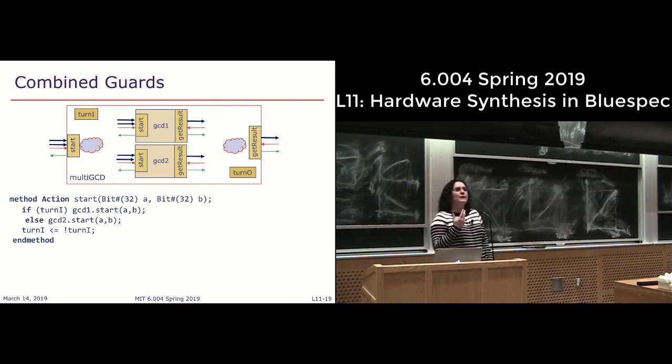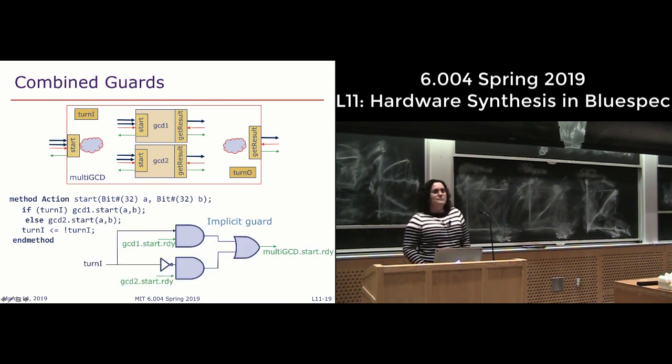I have to have at least one of my GCDs not being busy, right? If both of them are busy, then I can't initiate a new GCD computation. Okay, and so basically this is an implicit guard which is going to be generated for us by the Bluespec compiler. And so what's actually happening here? Well, inside of our start method, what we're doing is we're calling GCD1 start and we're calling GCD2 start.